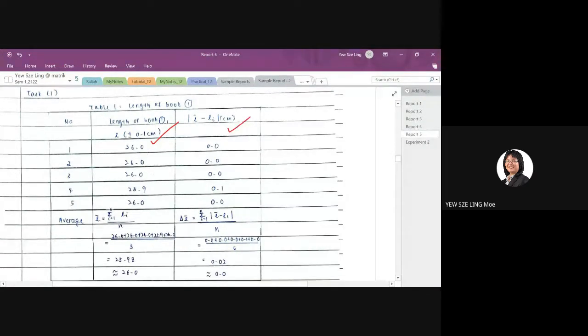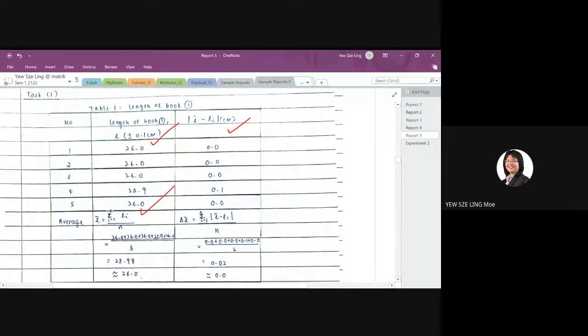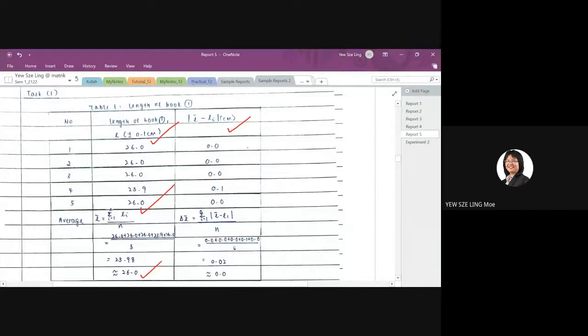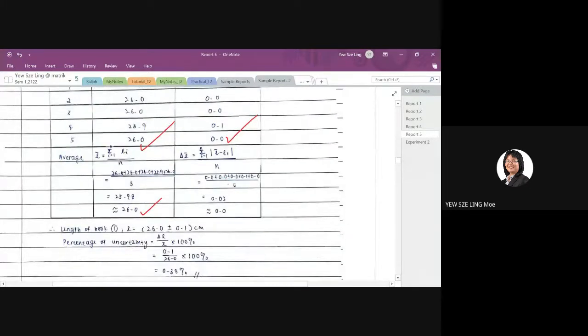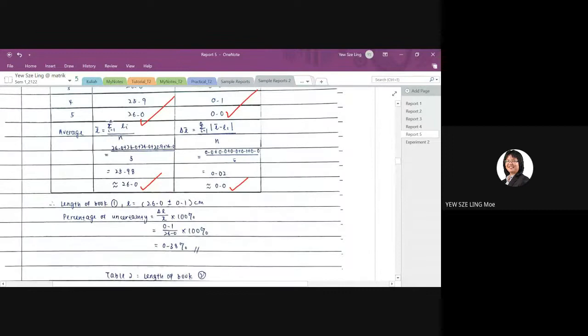All 5 values are recorded to 1 decimal place, and the average value is rounded to 1 decimal place. The L minus Li, all of them, 1 decimal place, consistent. The final answer is also 1 decimal place. When you write it in the result form, 26.0 plus minus 0.1, good, with a unit. This is a very good calculation, neat and complete.